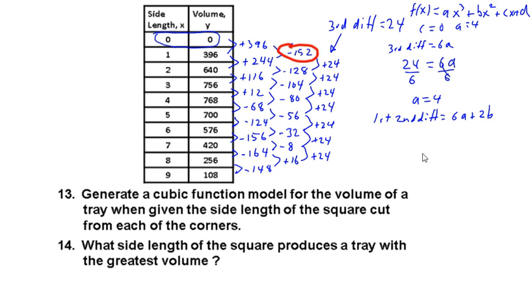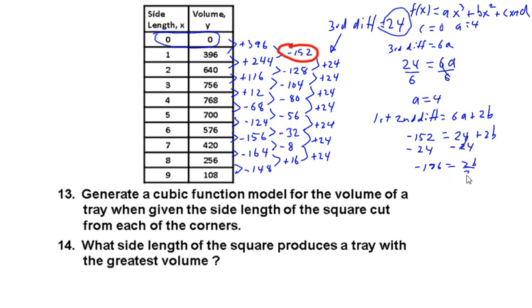And for that, we have negative 152 is equal to 6a, and 6a we already determined to be 24, plus 2b. Well, subtracting 24, we get negative 176 is equal to 2b.